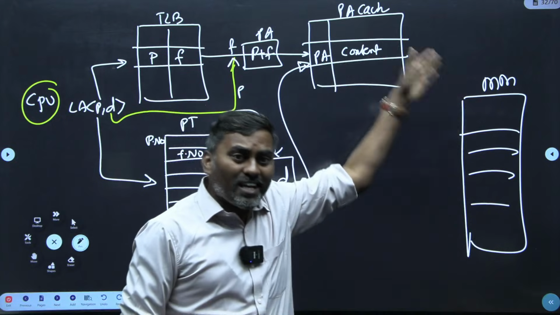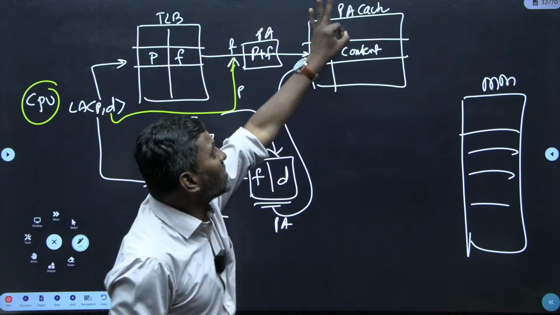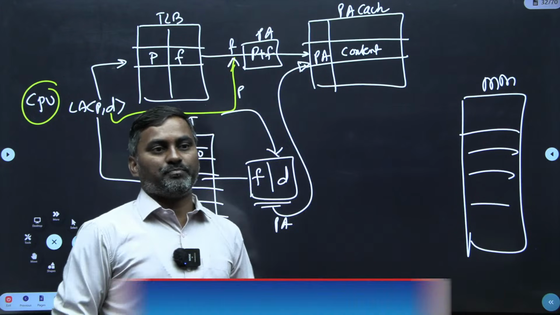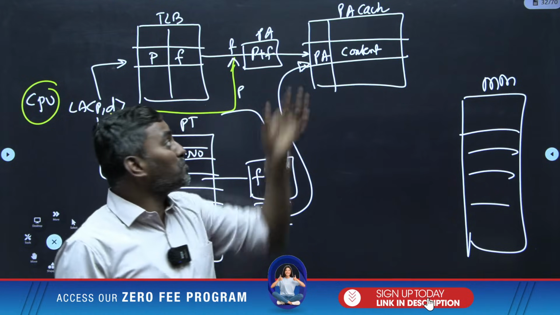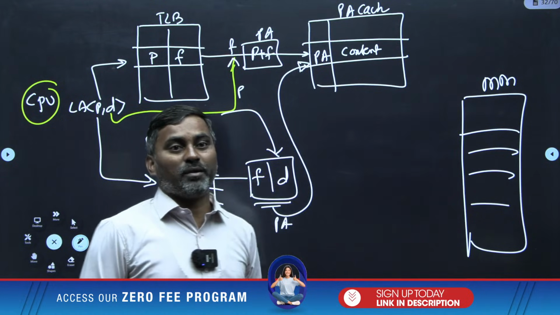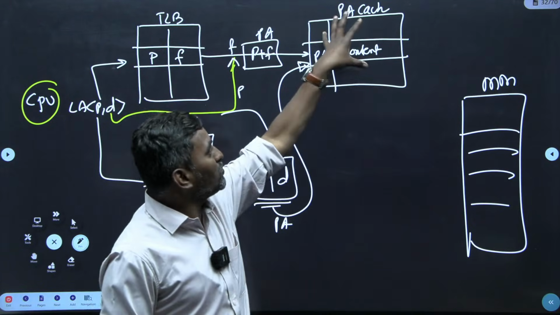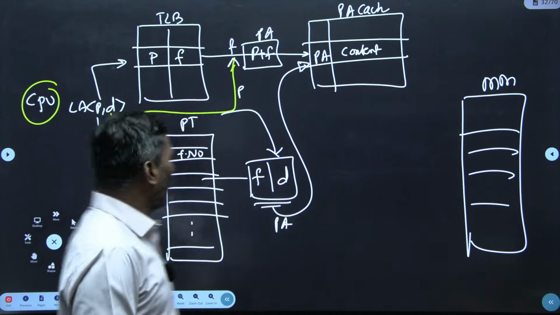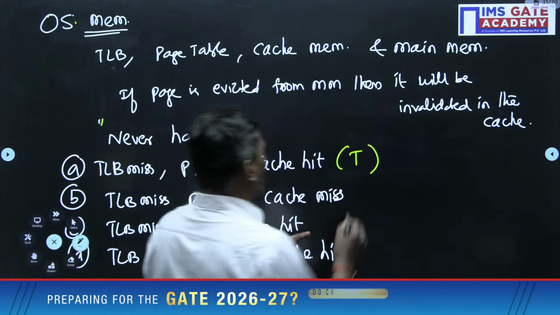So it is not there in main memory. If it is not there in main memory, definitely it is not there in cache memory. Remember this: there is no case that something is present in cache memory which is not present in main memory. Cache memory is inclusive. Whatever cache memory has will definitely be present in main memory. Therefore, TLB miss, page table miss, cache miss can happen. This is true.